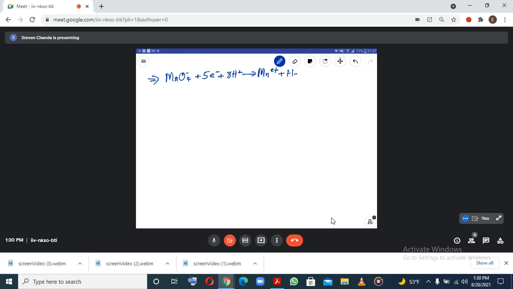Okay, great. So that's our cathode. You see, that's where reduction is, huh?